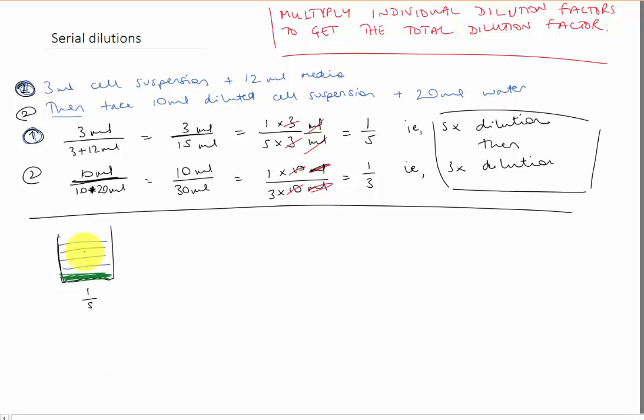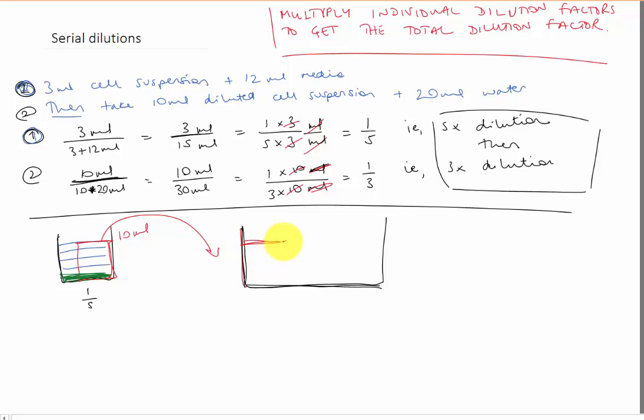And then we take 10 mils of that and we put that into a fresh beaker, which I'm going to draw this weird shape, but you'll see why in a minute.